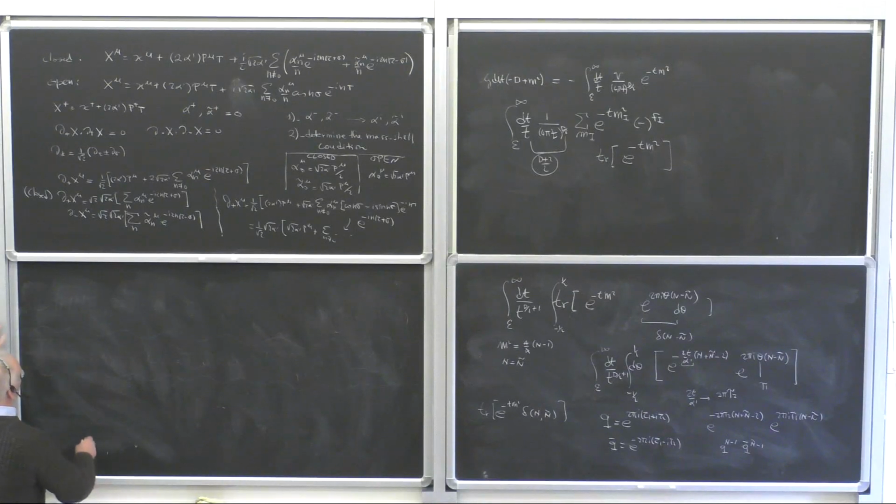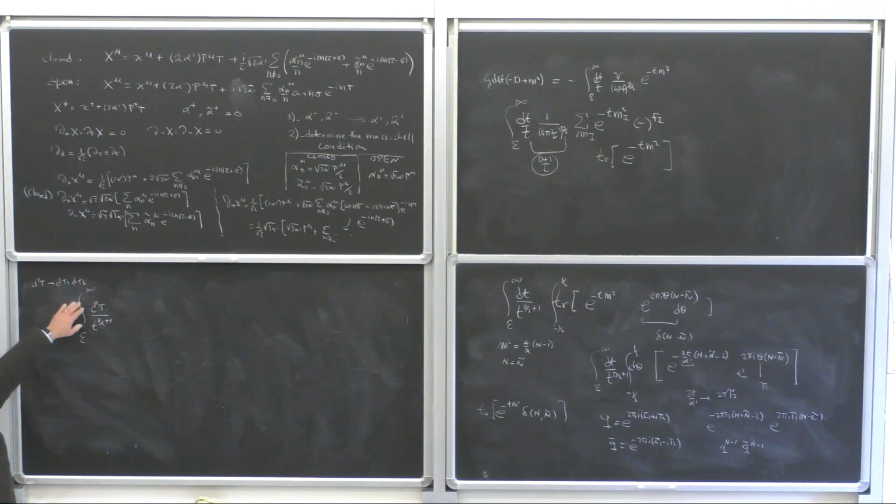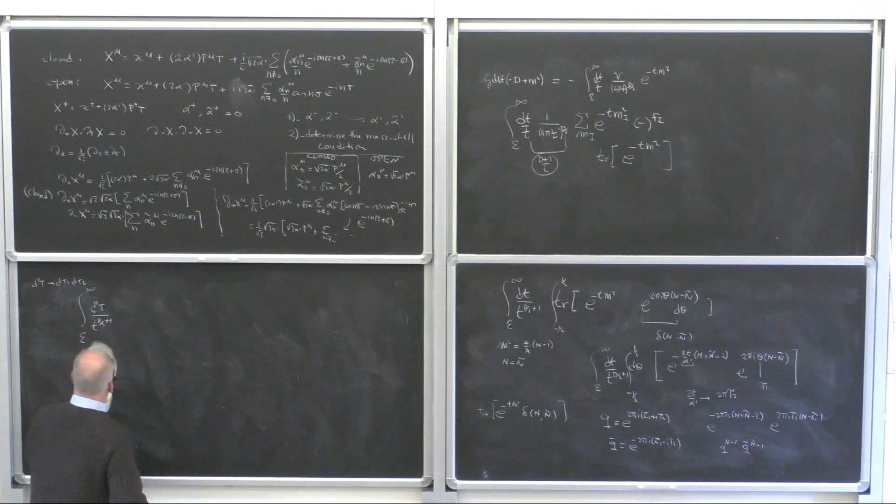up to normalizations that I'm not tracking, is the integral from epsilon to infinity dt over t to the d halves plus 1. So this dt, I can call it d2 tau, because d2 tau is essentially d tau 1 d tau 2, which is proportional to dt d theta, and I said that I don't track normalization.